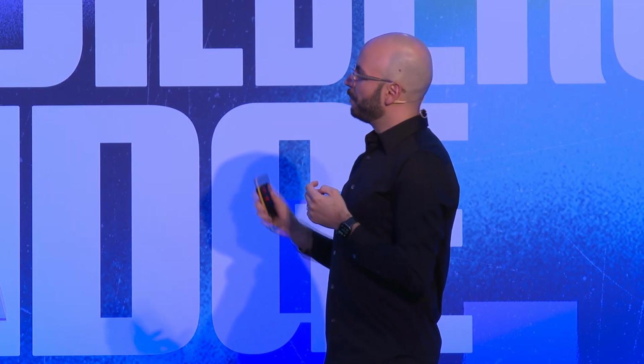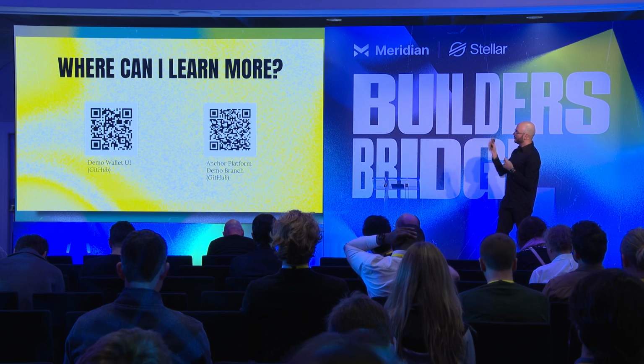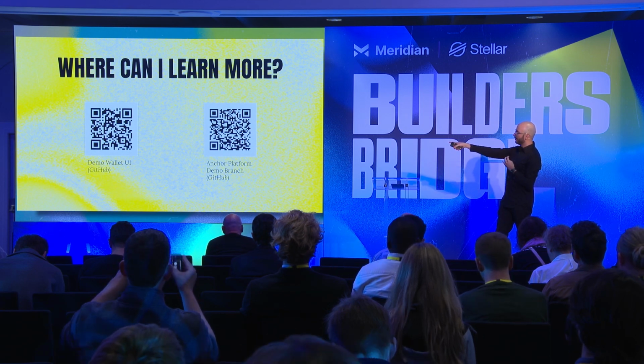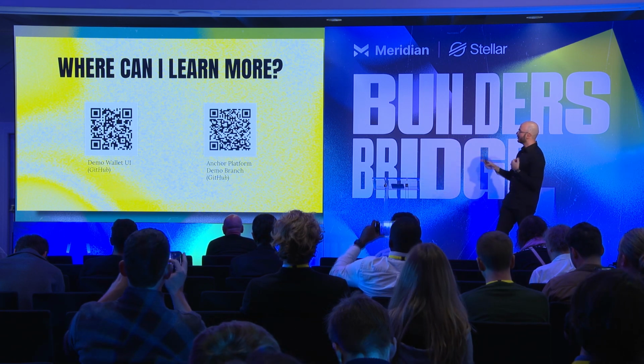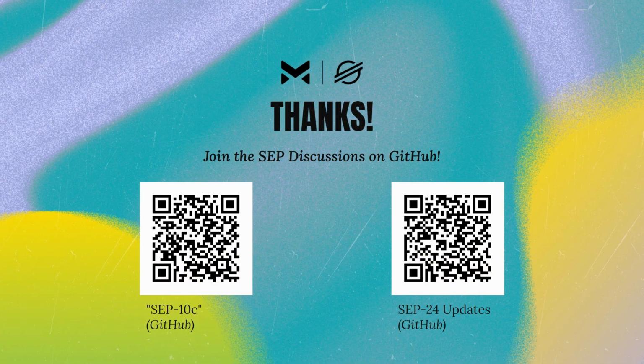So how can you learn more? We have this wallet UI on GitHub. That's code, open source. The Anchor Platform demo branch is also available on GitHub. And more importantly, the SEPs, the updates that we've done, we call that SEP 10C.